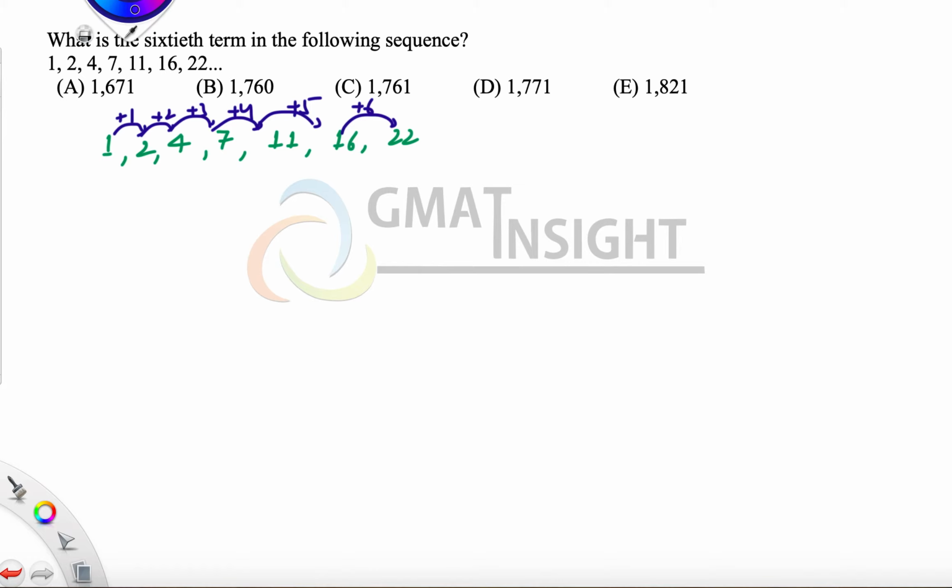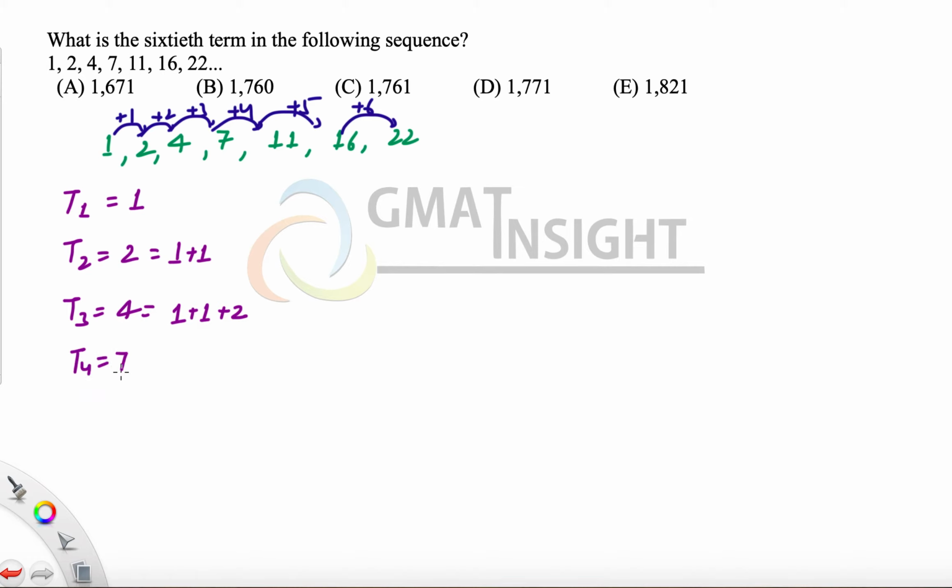Now I start to write these terms this way. First term of the series is 1. The second term, which is 2, can we write it as 1 plus 1? The third term, which is 4, can I write as the previous term plus 2? Now the fourth term, which is 7, is the previous term plus 3.